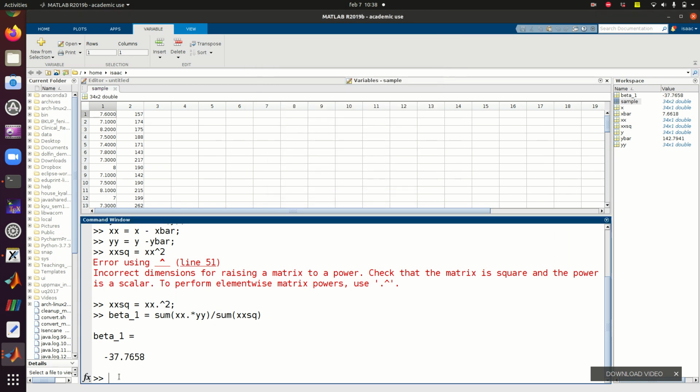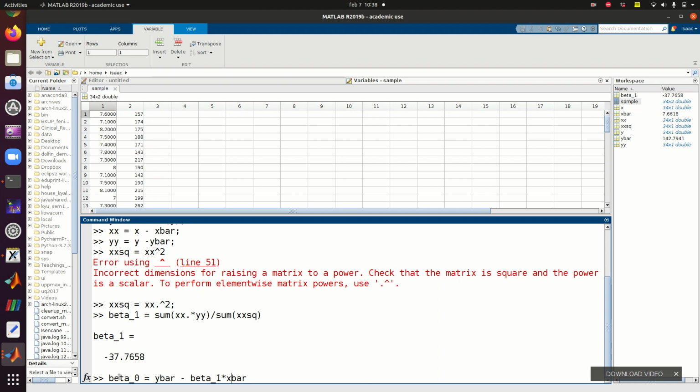Similarly, you can find beta naught. The expression was y bar, which we already have, minus beta 1 times x bar. Beta 1 is a scalar, so when you multiply it with a vector, it multiplies each element.